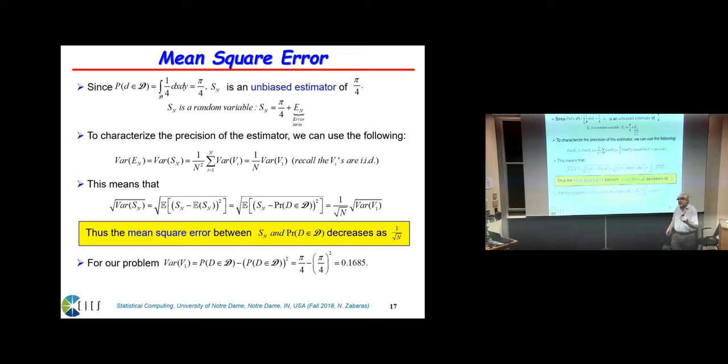The expectation of the indicator function, or the indicator function squared, is the same. It only takes values 1 and 0, okay? So this is really a Bernoulli variable, and this is the variance of a Bernoulli variable. So the expectation of the indicator function squared is basically the same as the expectation of the indicator function, which is pi over 4. So the actual variance is this number, okay? And again, we don't really care about this number. What we care about is this 1 over square root of n, but I will use this in the calculations that you will see shortly.